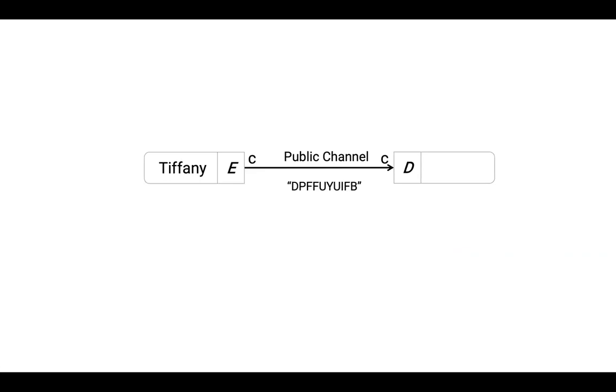What Eve could do is sit in the middle and maybe change from D to E, or change a single bit of this message so that the entire message will be changed, right? So Eve could have this power to manipulate the message so that by the time the recipient receives this message, it will be changed. And then using her own code book, this message will be different.